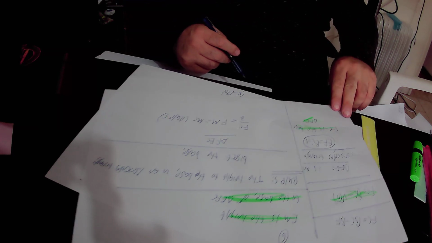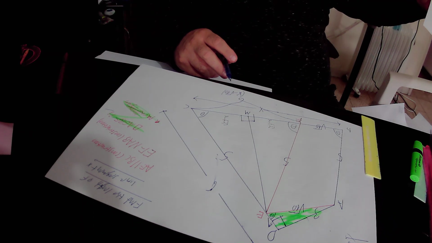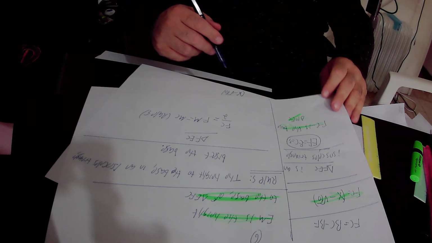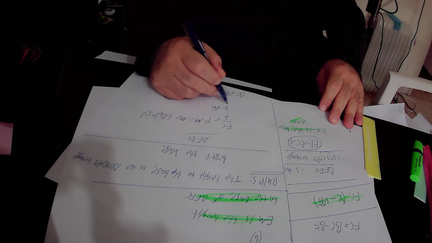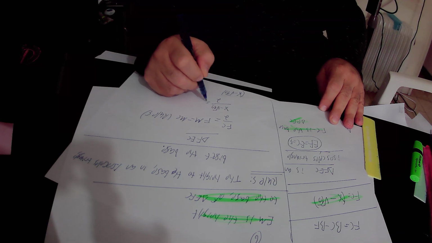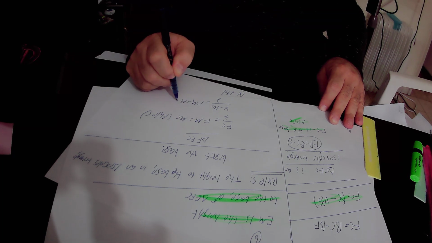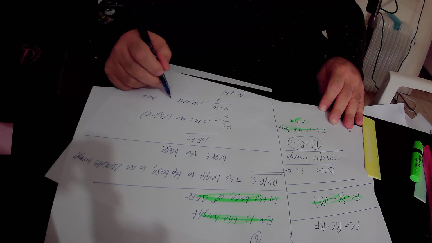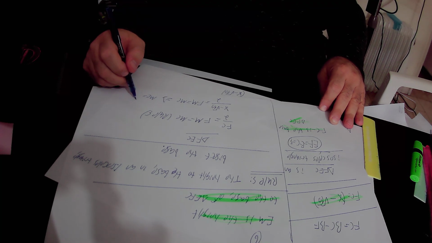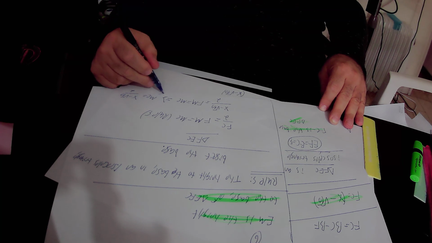FC equals x minus square root of 10. So FC over 2 equals x minus square root of 10 over 2. And this is equal to FM, and it is also equal to MC. In other words, MC equals x minus square root of 10 over 2. Very simple.